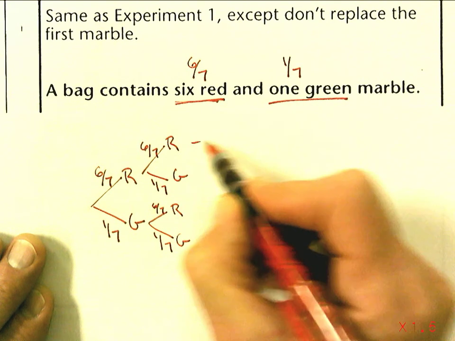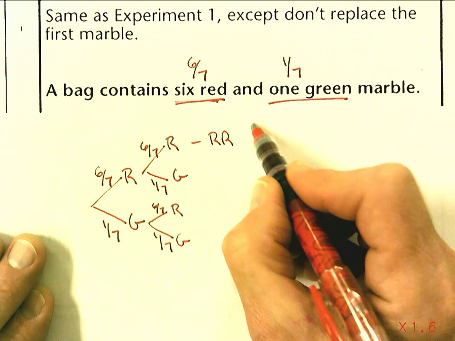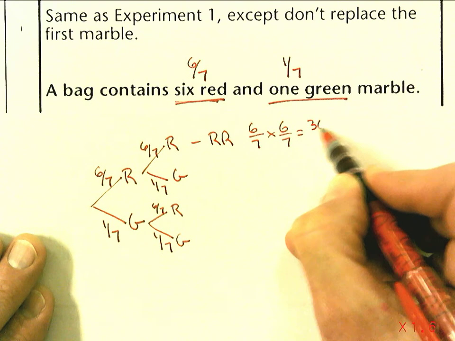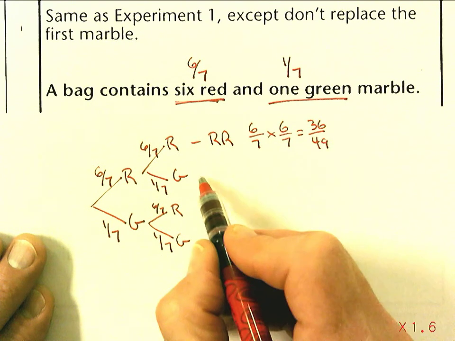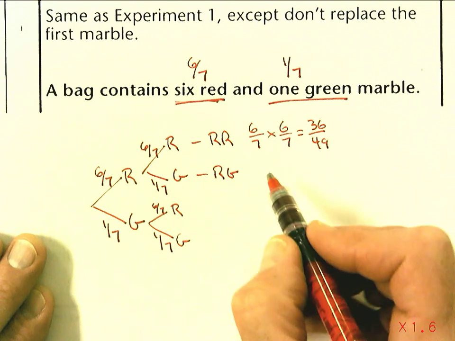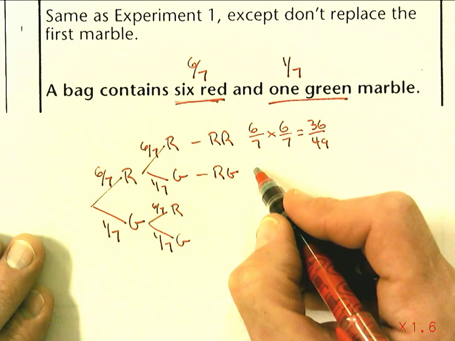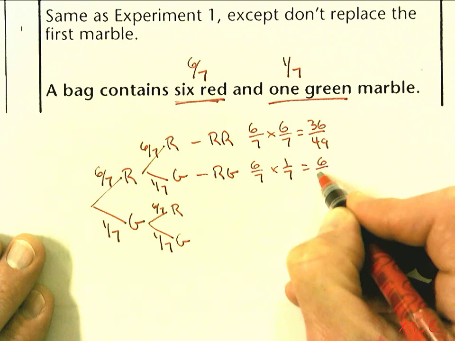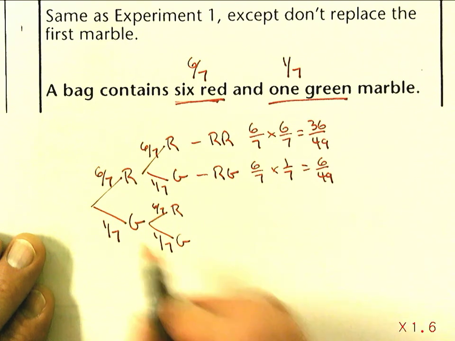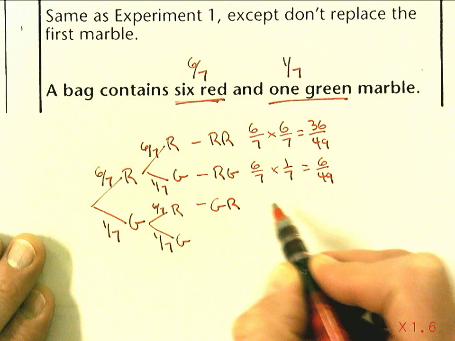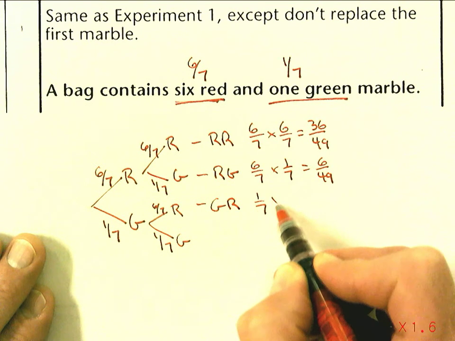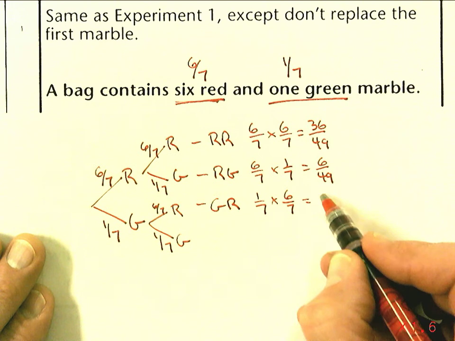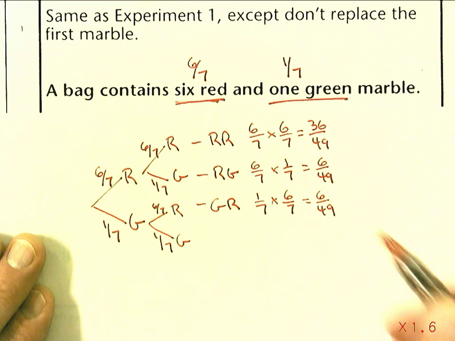And so our probabilities with replacement: red-red is 6/7 times 6/7, which is 36/49. Red-green is 6/7 times 1/7, or 6/49. Green-red is 1/7 times 6/7, or again 6/49.